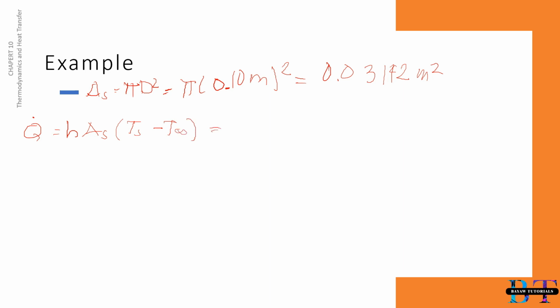Our heat transfer coefficient is equal to 19.1 watts per square meter times degrees Celsius, times the surface area, 0.03142 square meter, times our temperature of the surface, 20, minus the temperature of the fluid extremely far from the surface, 5 degrees Celsius.